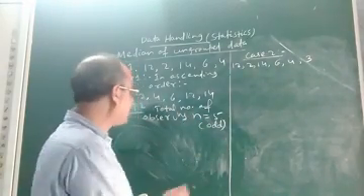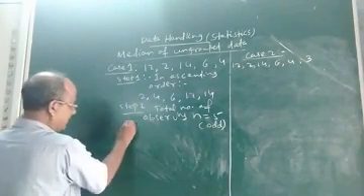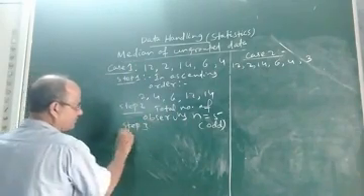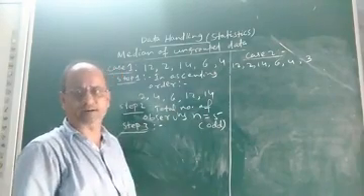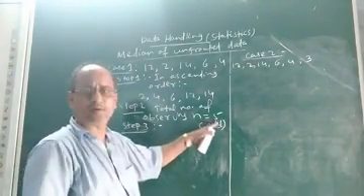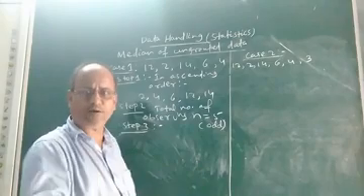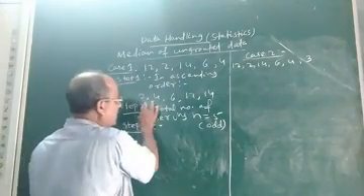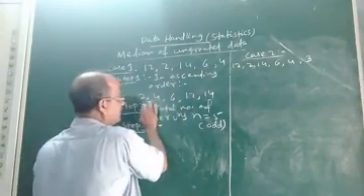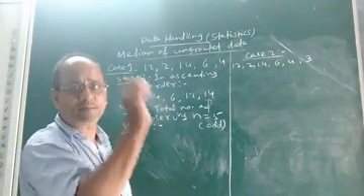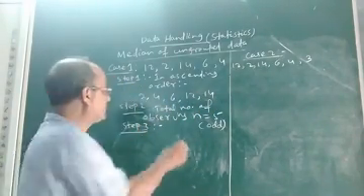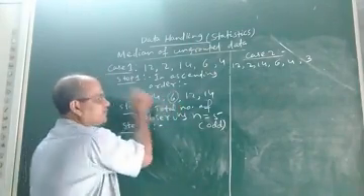Now the point is, what is the third step? Step 3. Now, as the total number of observations 5 is odd here, what will we do? If there are 5 observations, now if I ask you which is the middle value, 6 will be the middle value.